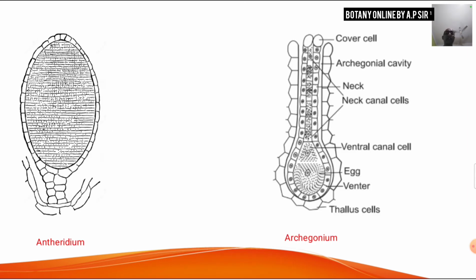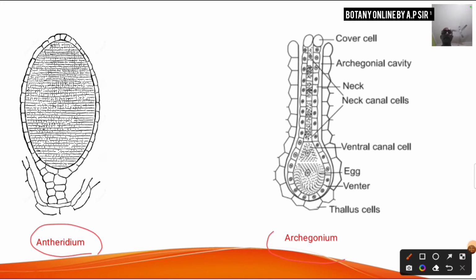as you can see in this particular diagram, this is the diagram of antheridium and this is the diagram of archegonium. You know that antheridium is the male sex organ and archegonium is the female sex organ. Got it? As far as antheridium is concerned, there is presence of a stalk.